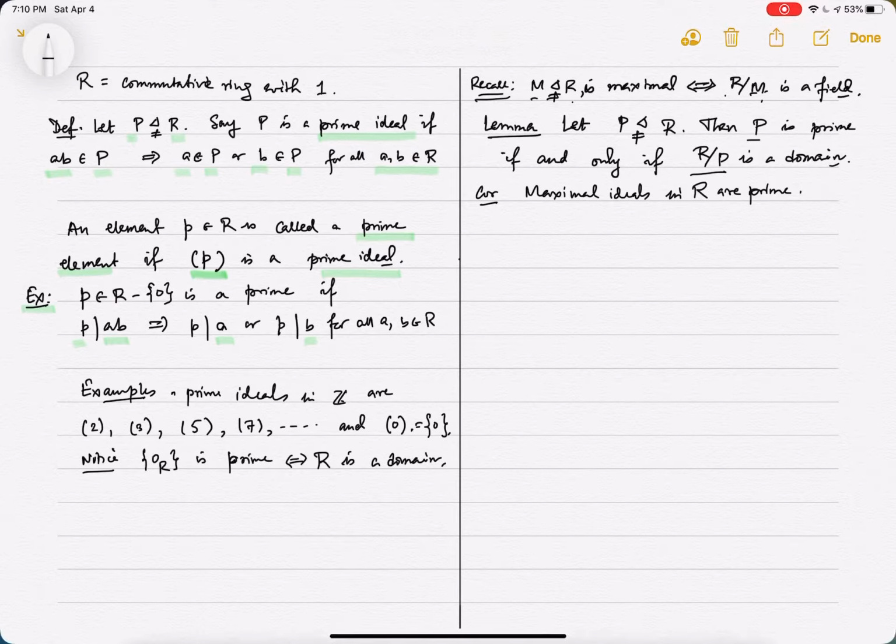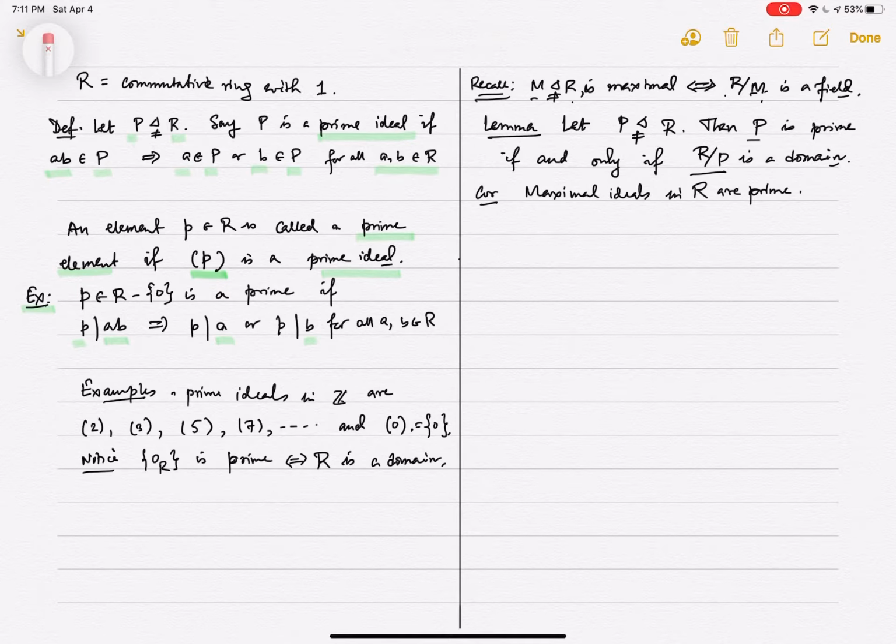Because what does the zero ideal being prime mean? It just says that when AB is in 0, this is the same as saying AB is 0. So the condition for being a prime ideal just says that if A times B is 0, then either A is 0 or B is 0, which is exactly saying that R is a domain.